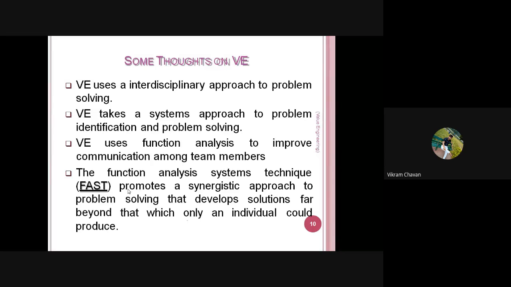The next one: value engineering takes a systems approach to problem identification and problem solving.